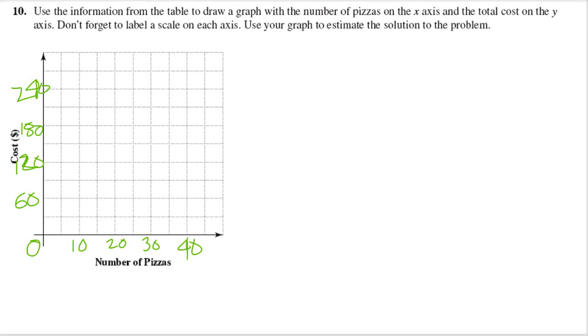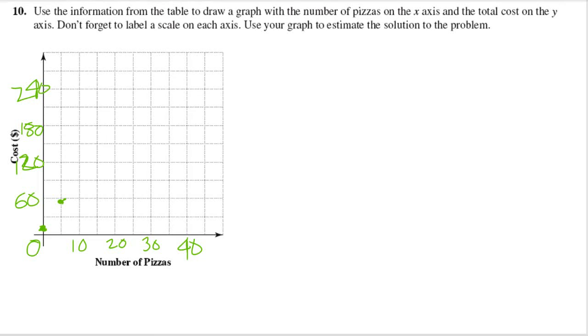So now if I graph my pizzas, 0 pizzas is going to be here at $10, which is a third of 30. So I go a third of the way to the first line. Then 55 for 5 pizzas, just slightly below 60. And $100 for 10 pizzas, 90 plus 10.